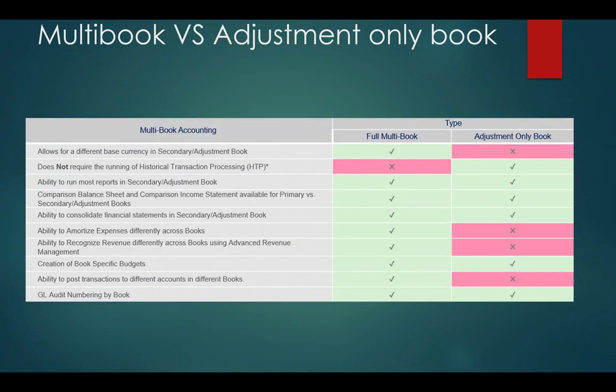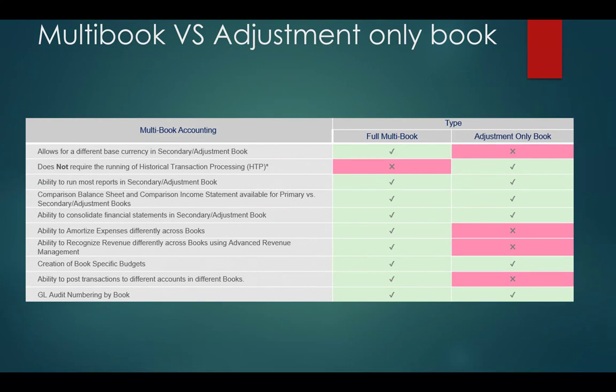A quick review on when a client needs multi-book versus when a client needs adjustment only. If the client or industry requires a different base currency in the secondary adjustment, you need multi-book. If it does not require running historical data, adjustment only is enough. For the ability to run post reports in a secondary adjustment, you can use multi-book as well as adjustment only.